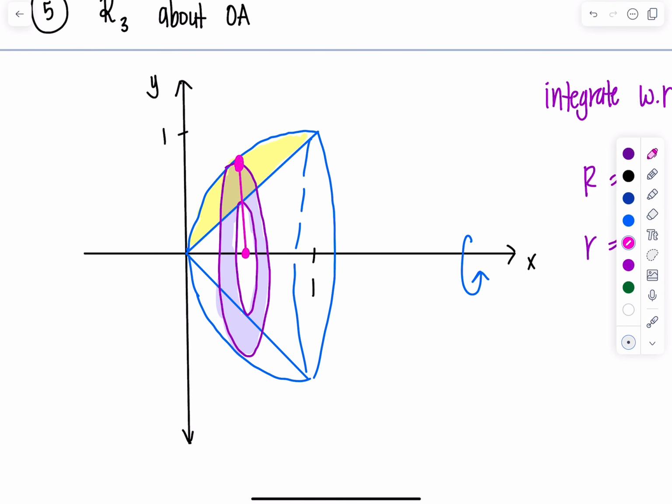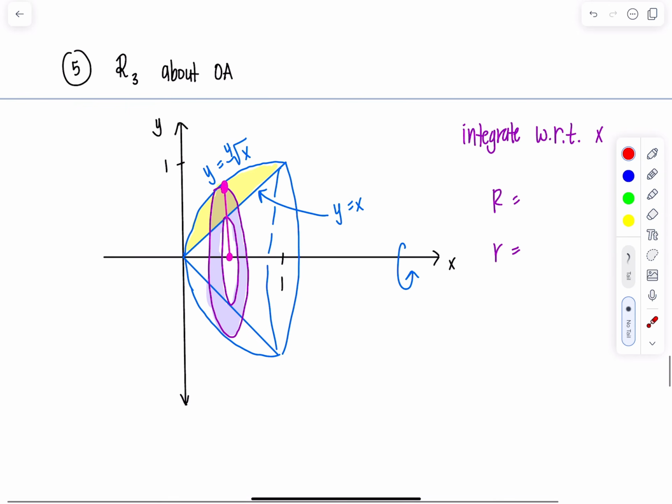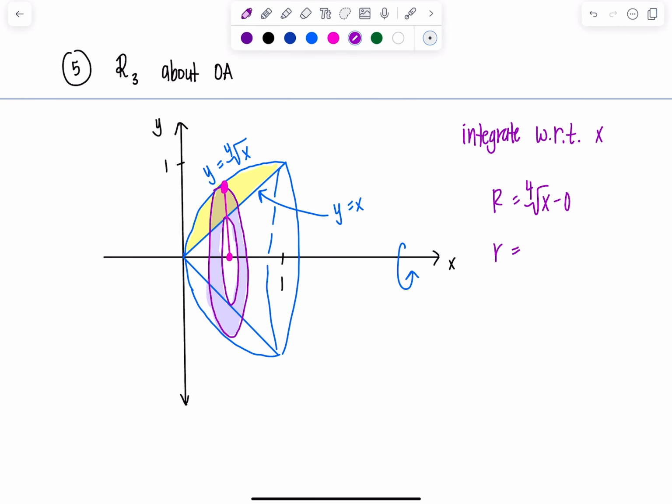This was y equals 4th root of x, wasn't it? Yes. And then this is y equals x. Okay, so for outer radius, top we have 4th root of x minus, this is just y equals 0, but I'll still write it out. 4th root of x minus 0, which is just 4th root of x.